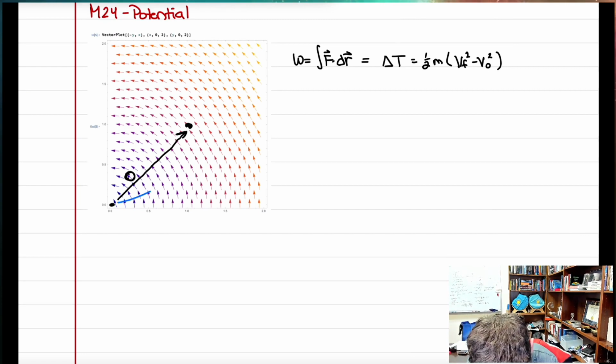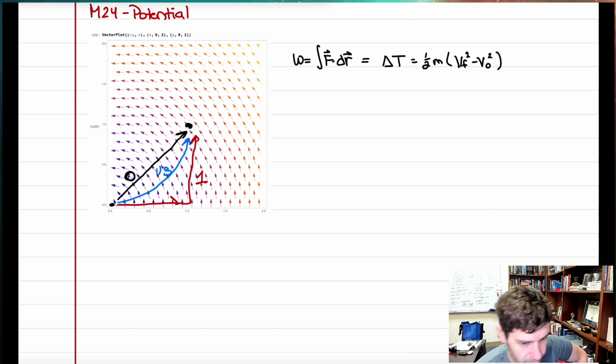There was a parabolic path that we took. We found the work there was, I believe, a positive third. So there would be an increase in kinetic energy from that path. Then we did another path that did it piecewise, first purely horizontal, then purely vertical. We found that that gave a total work of 1 unit. In this case, there would be an increase in kinetic energy.